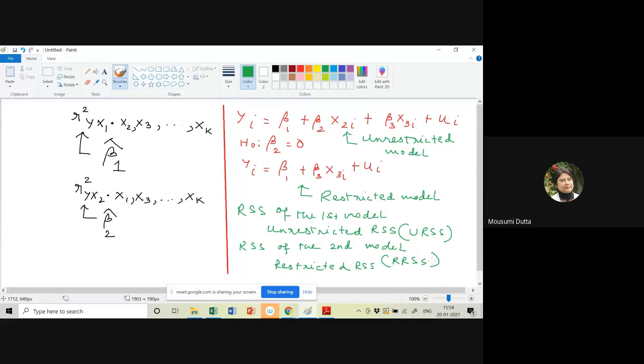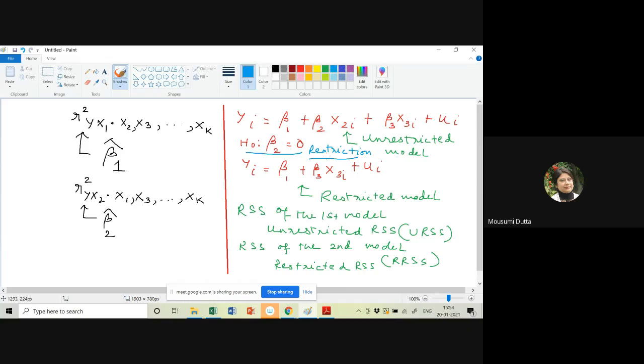If I consider a null hypothesis, in econometrics, null hypothesis is considered as a restriction. This is called a restriction. Okay.